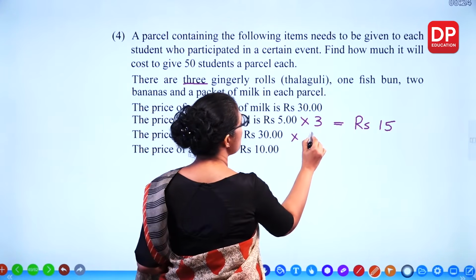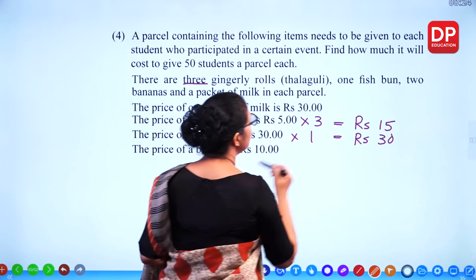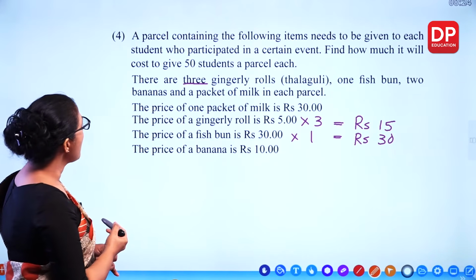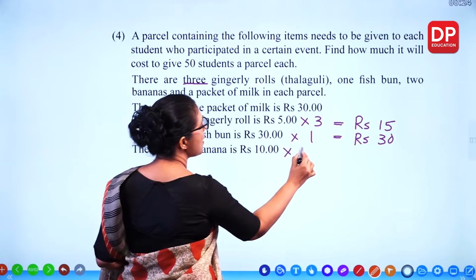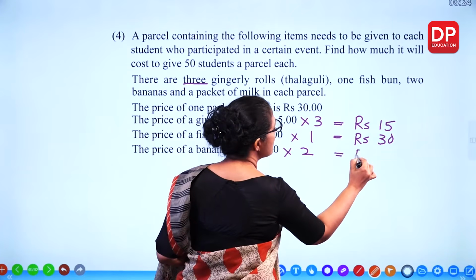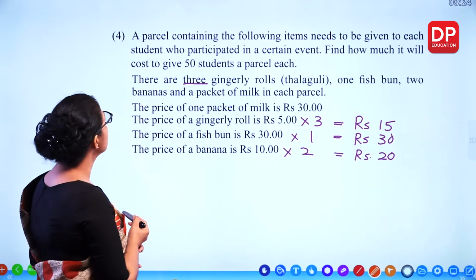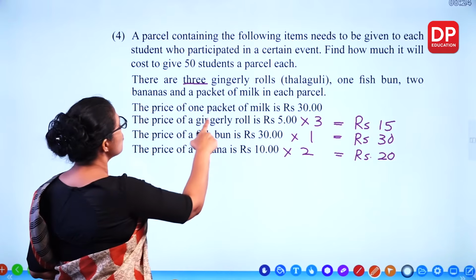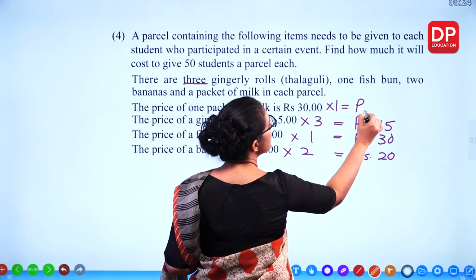So 30 times 1, 30 rupees. Then 2 bananas. 2 bananas means 10 times 2, that's 20 rupees. And a packet of milk in each parcel. So 1 packet is 30. So you get 30 rupees.